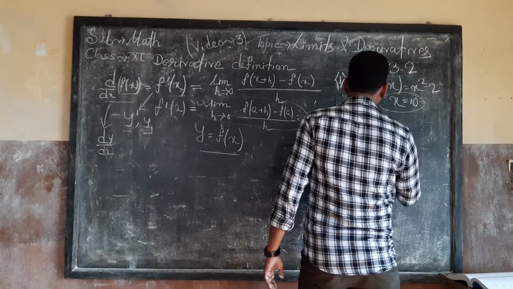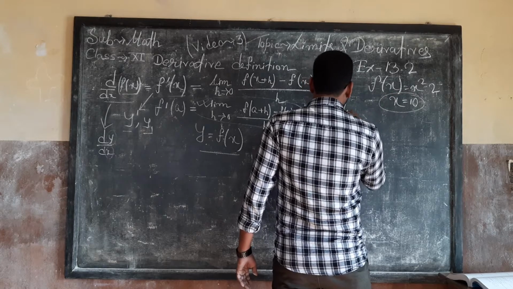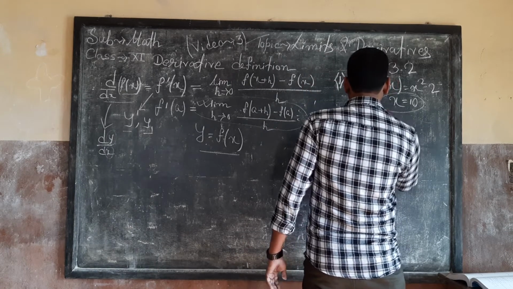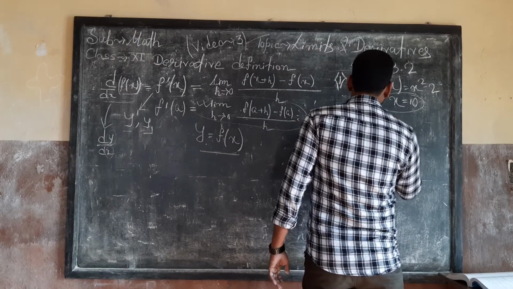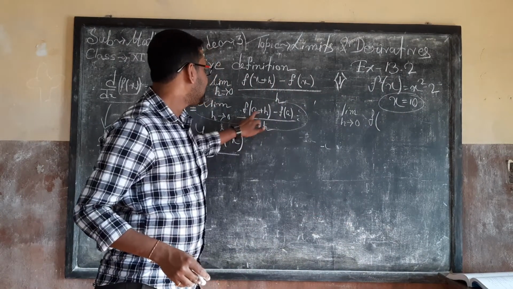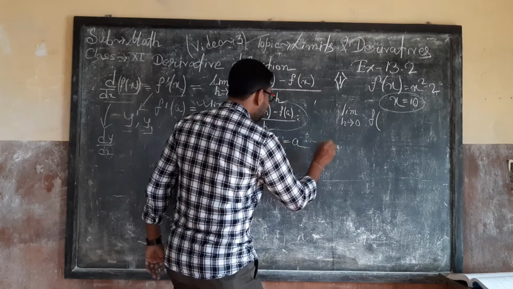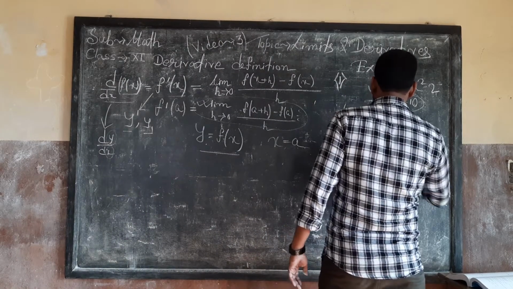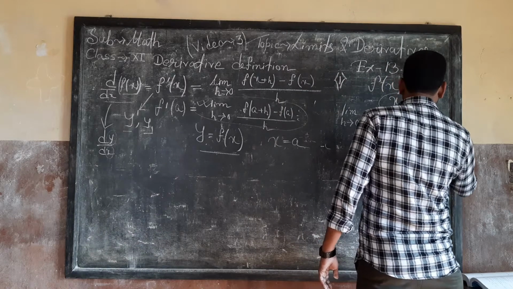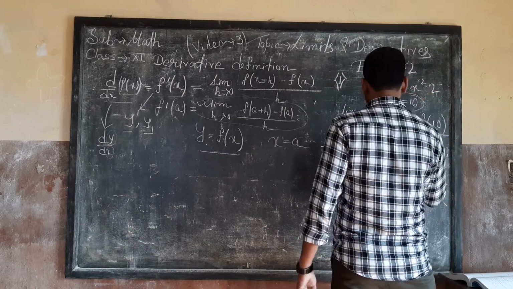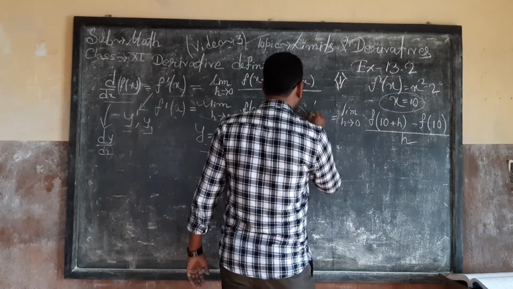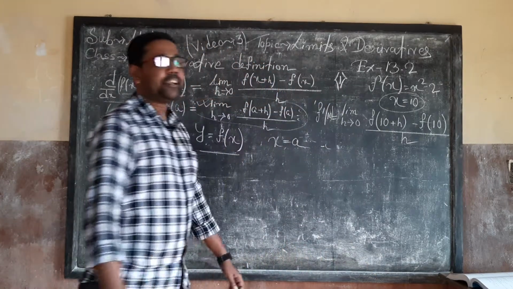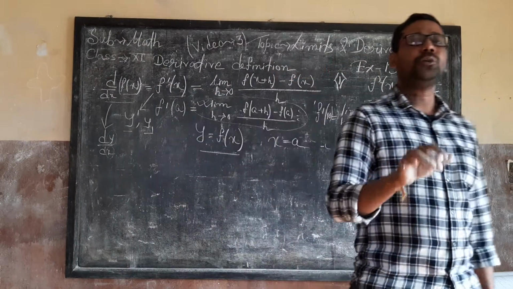So at first, this f(x), so limit h tends to 0, f of, what is the value for this a? We find the derivative when x equal to a, and this time the value of a is 10. That means f(10 plus h) minus f(10) by h is equal to f'(10). That means we find the derivative of this function when x equal to 10.